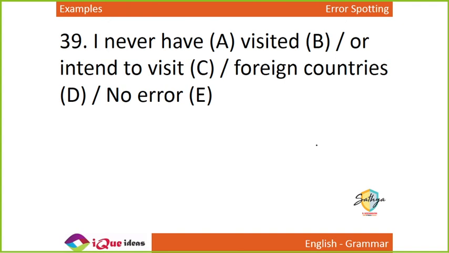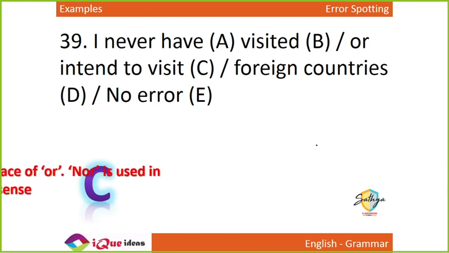I never have visited or intend to visit foreign countries. Either के साथ or, never या neither के साथ nor. I never have visited nor intend to visit foreign countries.